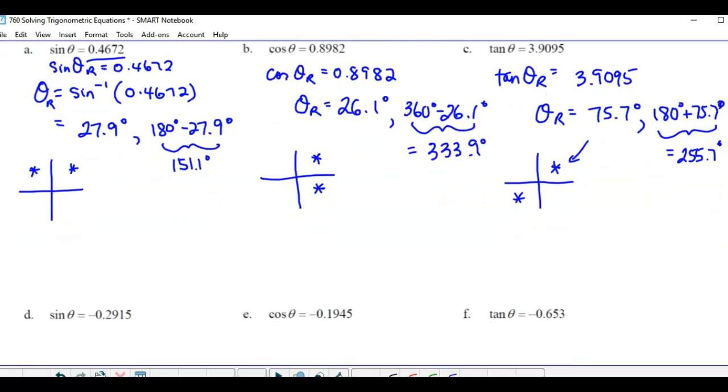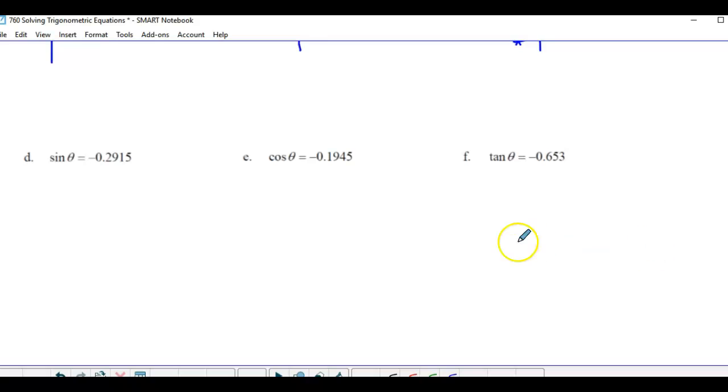degrees. Okay, now we get into some negatives. So this is where it's really beneficial to change it to be a positive ratio to get the reference angle. So sine of theta reference equals positive.